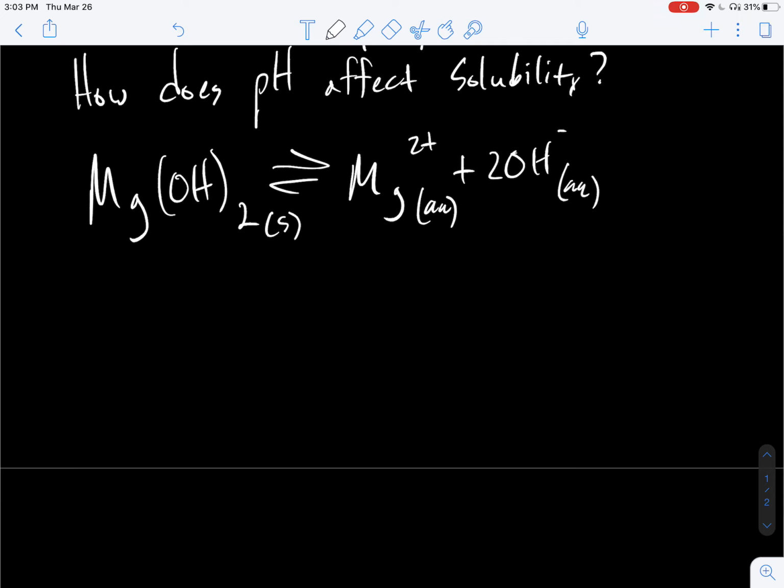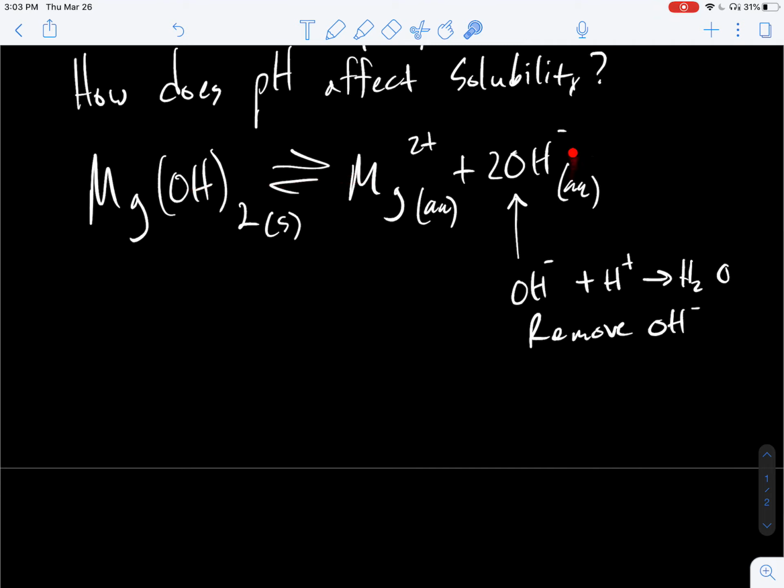2 moles of that. So would pH affect solubility? It would, because if we look at one of the products in the equilibrium, this is OH minus. So if we add H plus, we are going to form H2O and remove OH minus. Remember, if we remove something on this side, we're drawing the equilibrium toward this side, to the right.